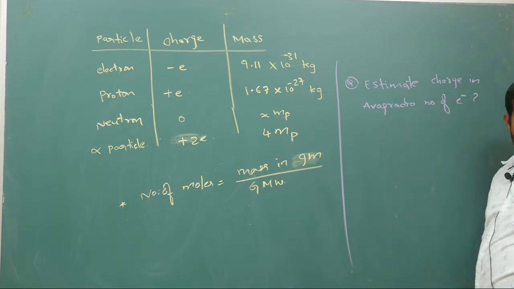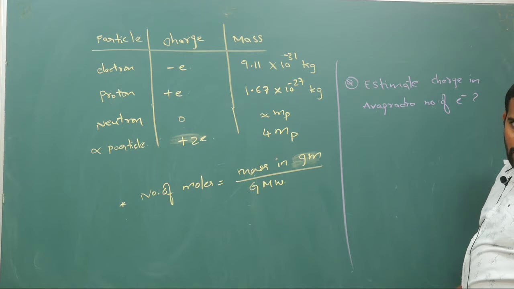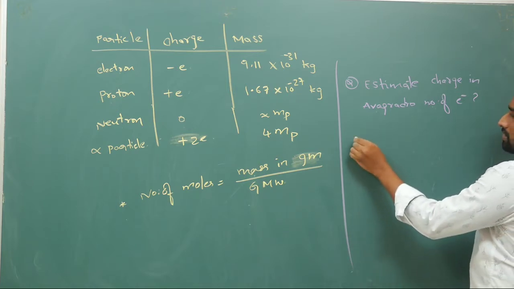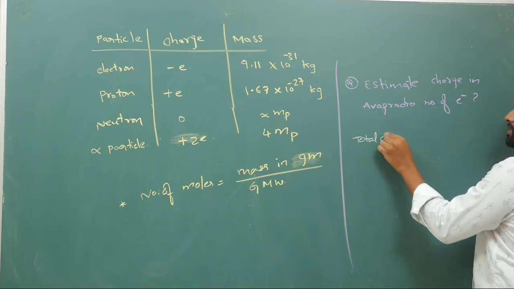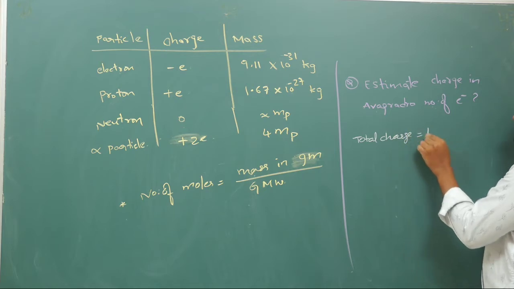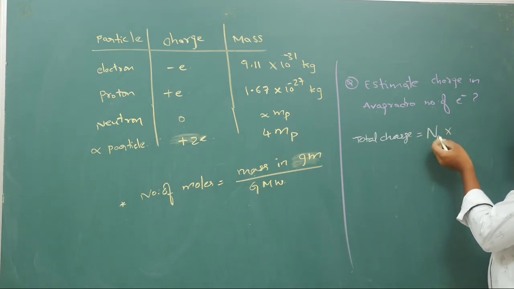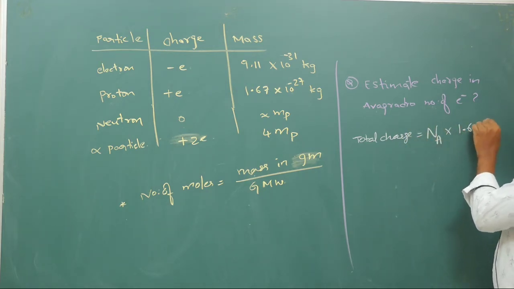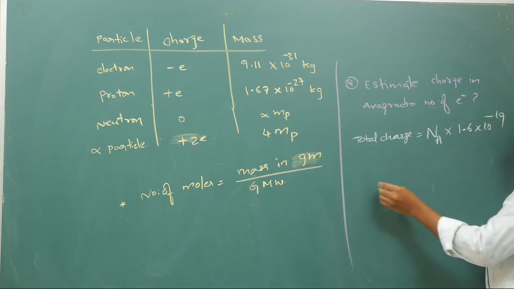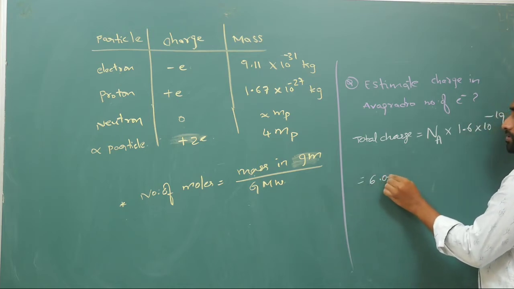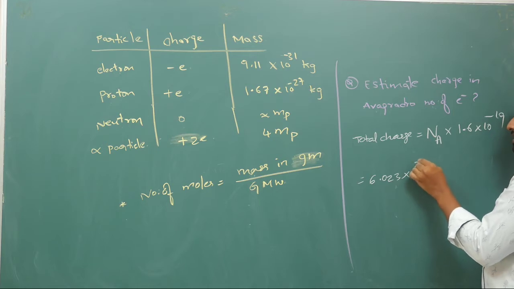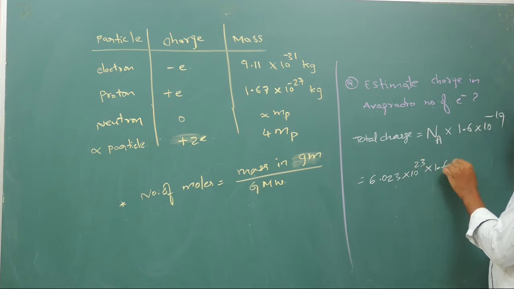So your total charge is Avogadro number into 1.6 into 10 power minus 19. Avogadro number is 6.023 into 10 power 23 times 1.6 into 10 power minus 19.